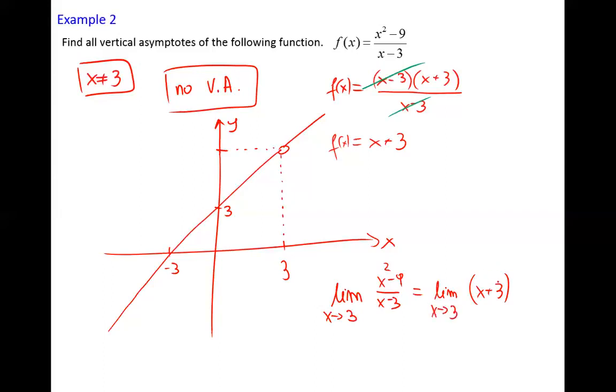That means the original function, or the reduced form x plus 3, near 3 behaves like 3 plus 3, which is 6. So this value is 6, but it's just the limit, the behavior of the function near 3. I'm adding a little bit of calculus, but I'm also answering the main question: vertical asymptotes for this function do not exist.